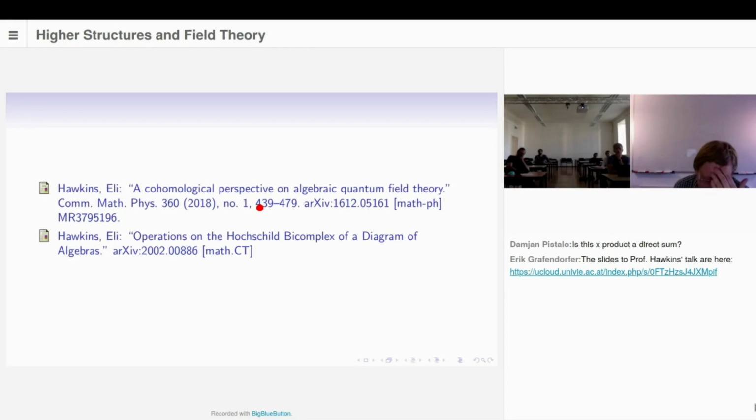When I first thought about it, the Hochschild cohomology is given by a bicomplex for a diagram of algebras, and it looked like I needed a tricomplex to deal with space-like commutativity, which was more than I could picture at the time. But yes, it would be interesting to put that in.